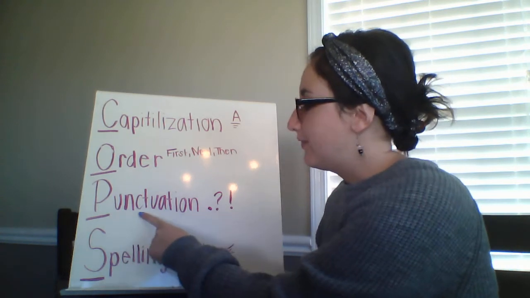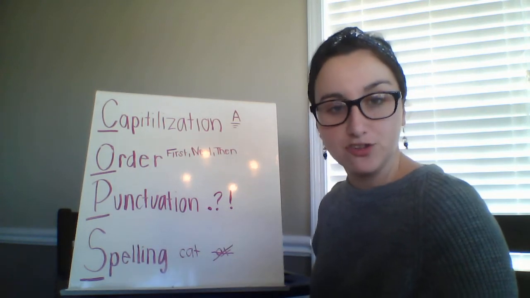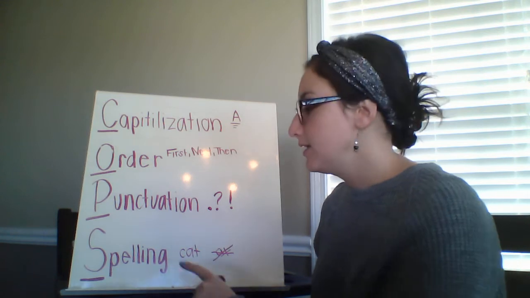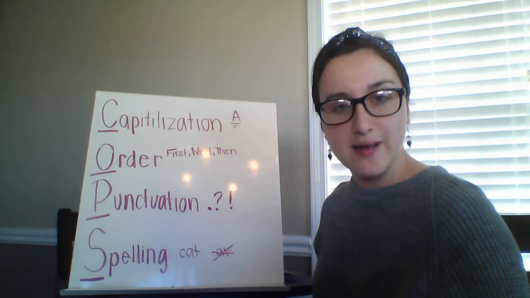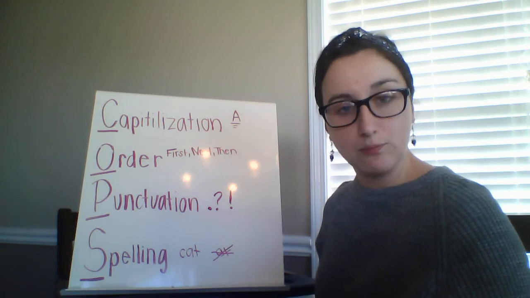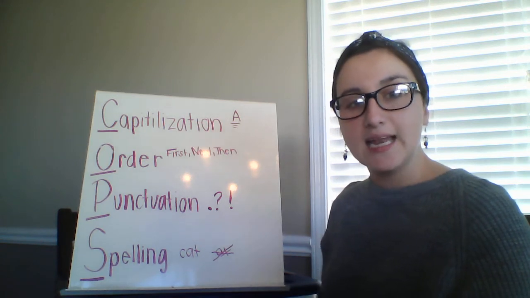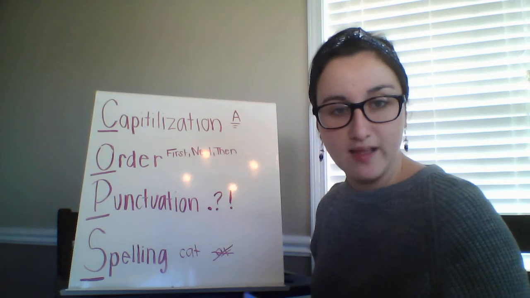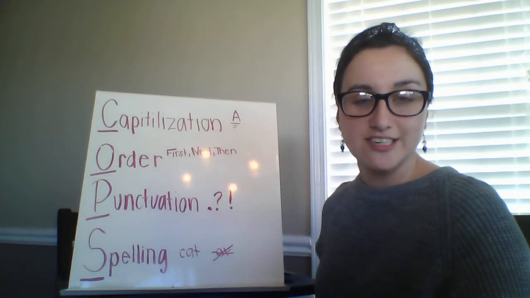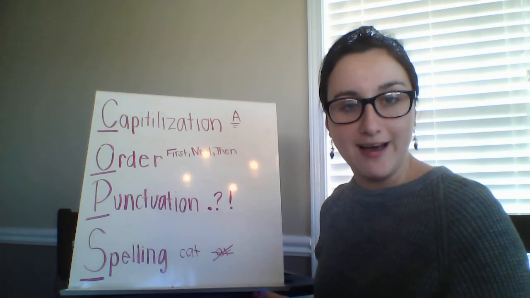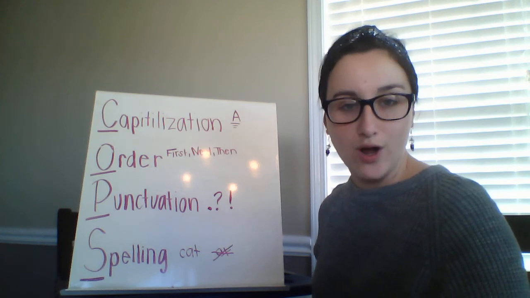You would then look at the punctuation. Do you have punctuation throughout your writing? You would then look at your spelling. Are my words able to be read by the reader? Can I improve on any of my spelling by writing the sounds I hear? These are two different strategies that you can use when you're revising and editing your own writing.